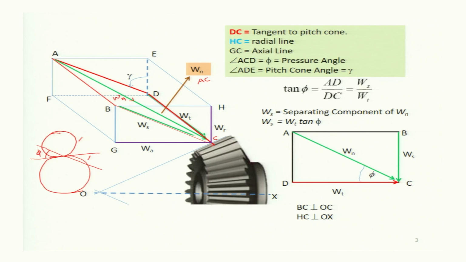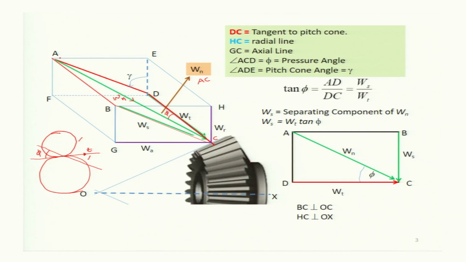In the case of bevel gear there will be a pitch line and a pressure line, and the angle between them will be the pressure angle. So, the pressure angle is the angle between the direction in which Wn will act and the tangential direction. Tangential direction is the direction of the pitch line. So, this angle, that is the angle ACD, will be phi, the pressure angle.